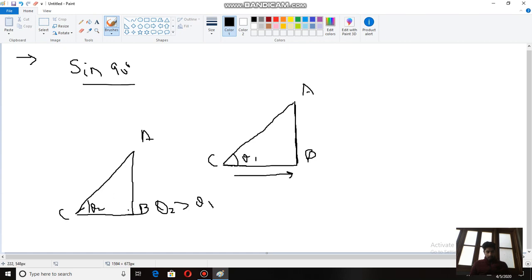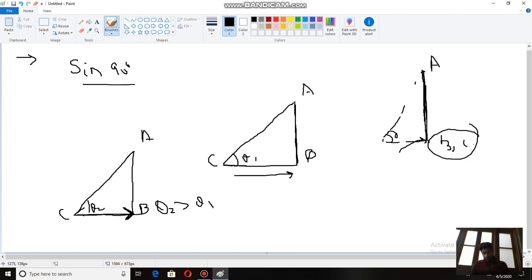Now we have to make this theta 90 degrees. That means this C should coincide with this B, like this. It should be like this: A here, B and C here. Only in that case, this theta is 90 degrees, a vertical line.